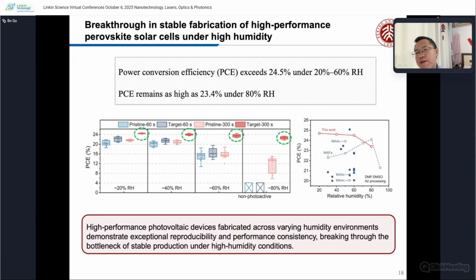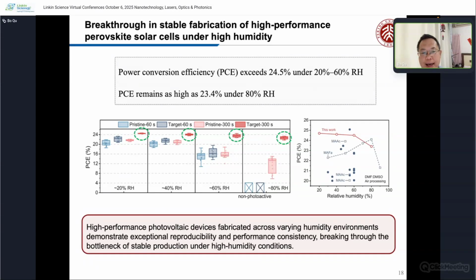The power conversion efficiency of the solar cells exceeds 24.5% under 20 to 60% relative humidity. Even under 80% relative humidity, the power conversion efficiency remains as high as 23.4%.